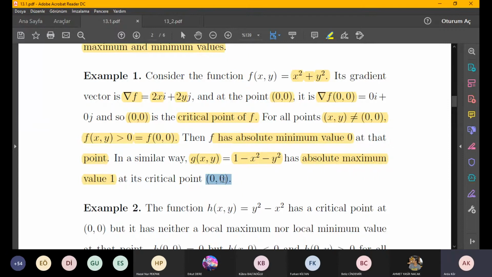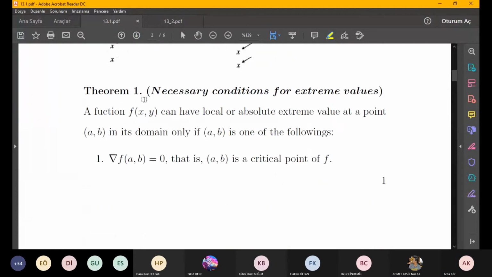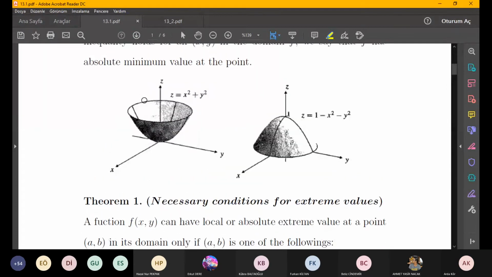So let's remind ourselves of those graphs again. As you can see, the origin is where the z function gets its absolute minimum value. And the graph on the right-hand side is g(x,y), which is 1 minus x squared minus y squared.